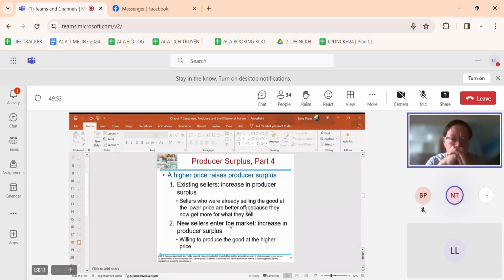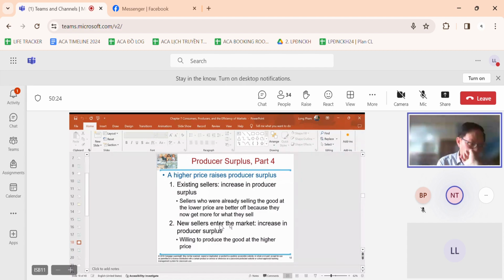Okay, we have some reasons behind why a higher price will raise producer surplus, as I mentioned in the two pictures before. The first is existing sellers. Sellers who were already selling the good at a lower price are better off because they now get more for what they sell.